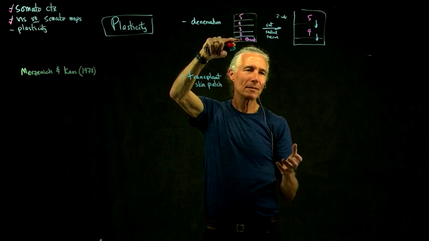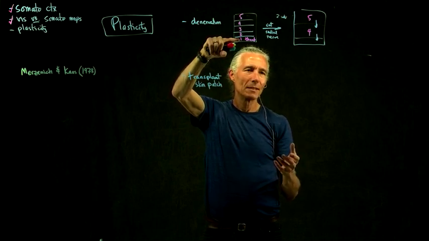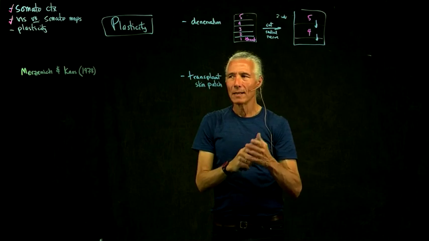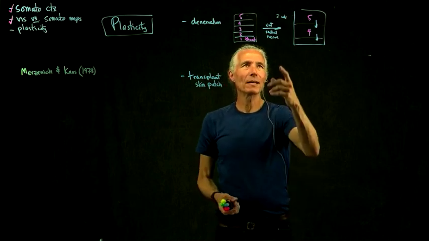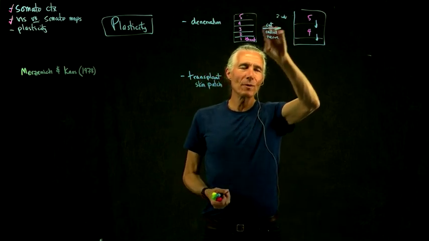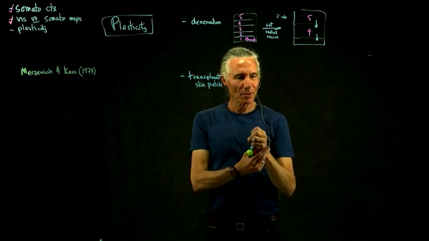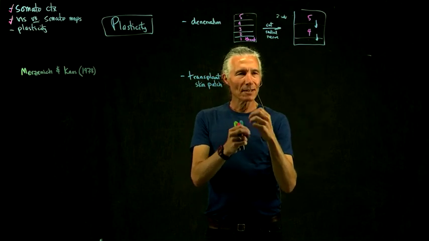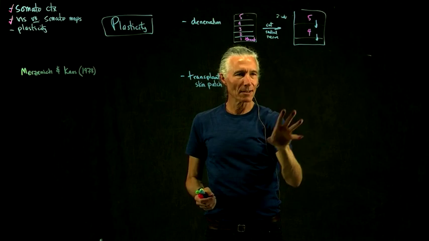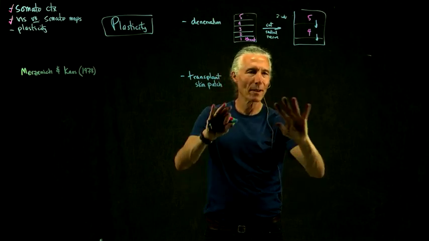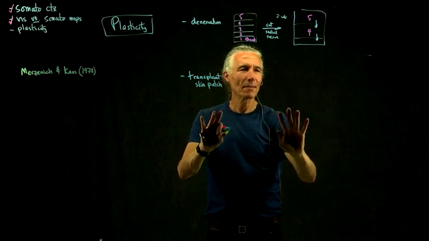And it happens in just a couple weeks. It's clearly driven by some kind of Hebbian process, because it will happen in 2 weeks in this case, but if you bandage the hand up so that you can't touch stuff and get the new correlation pattern, it won't work.